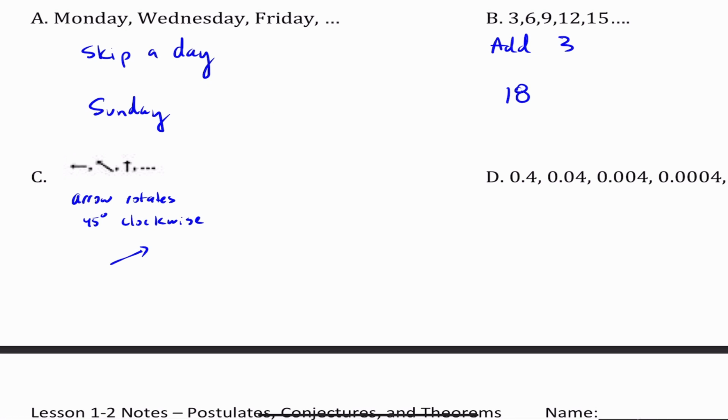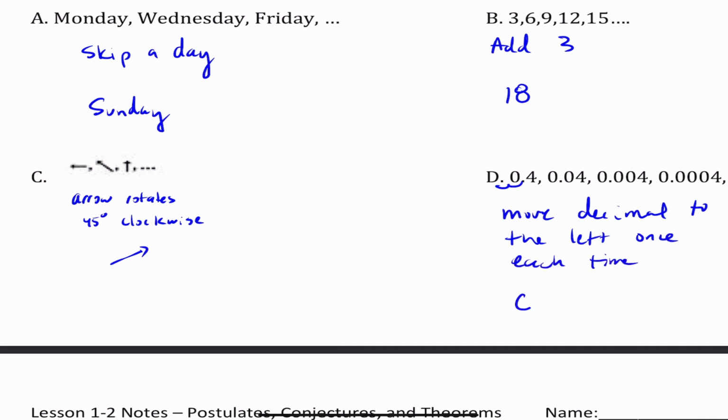D, I got 0.4, 0.04, and so on. I am noticing that I am moving the decimal to the left, like so. So move the decimal to the left once each time.